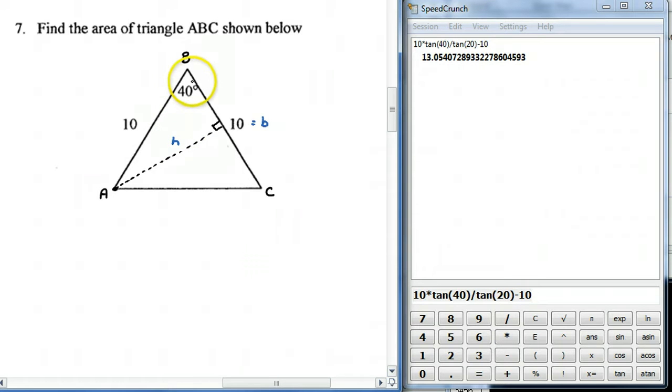So if we're going to use this 40-degree angle here, h would be my opposite, and 10 would be my hypotenuse. So therefore, we're going to find h using sine. So sine of 40 degrees is equal to the opposite, which is h, over the hypotenuse, which is 10. So therefore, h can be written as 10 sine 40 degrees.